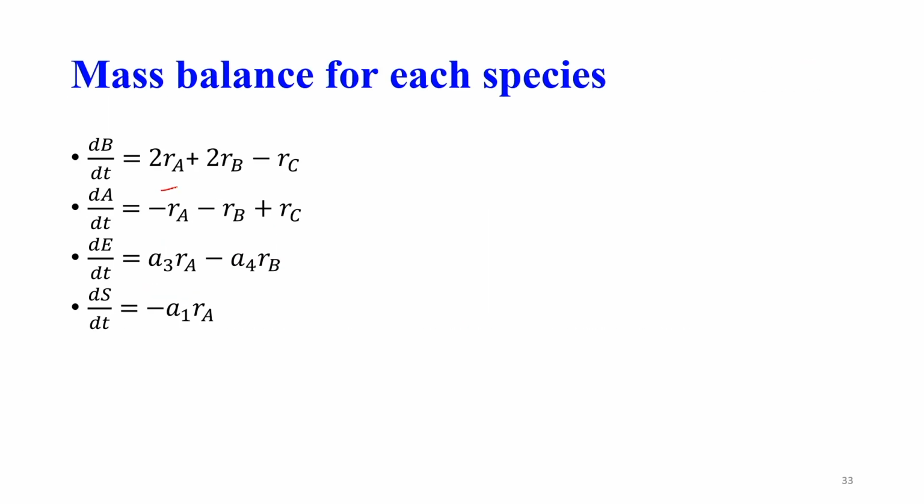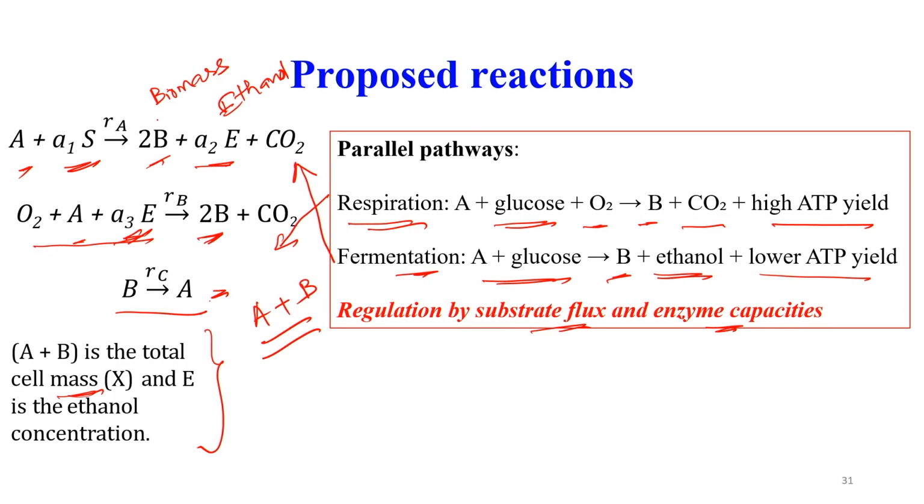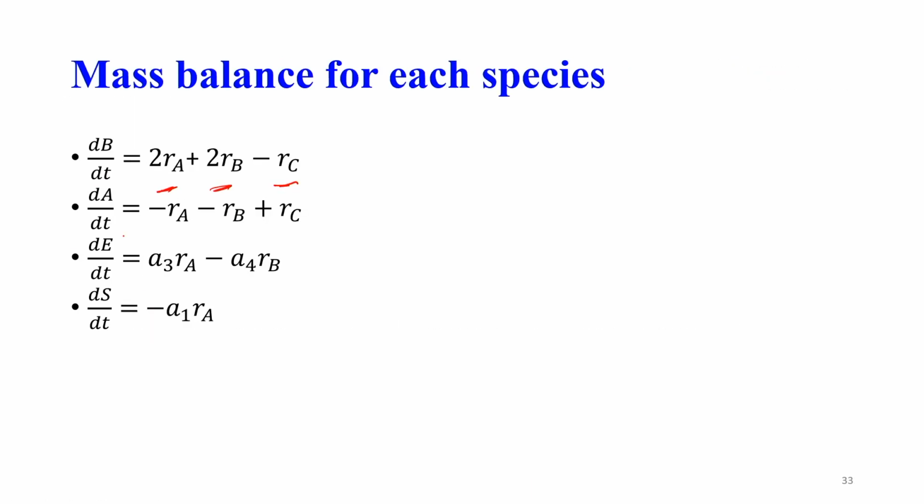So, dB upon dt is twice of RA plus twice of RB minus RC, as B is converted to A. If I just see B, there is a 2B here, 2B here, and 1B is converted to A. So, it says twice of RA plus twice of RB minus RC. While in the case of A, it is produced in RC, but in RA and RB it is depleted. So, minus sign is there.